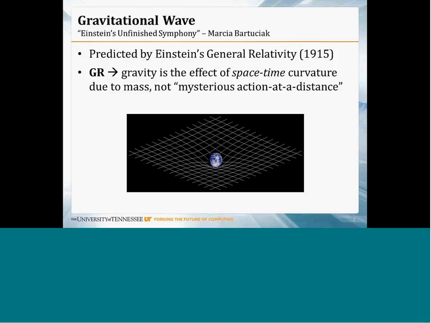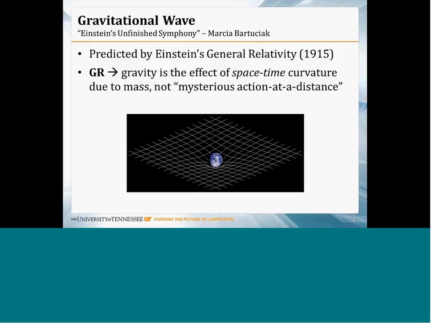According to general relativity, which Einstein came up with in 1915, gravity is not a mysterious action at a distance. In the Newtonian world, gravity is an action at a distance. But here, it says that gravity is the effect of space-time curvature due to mass.